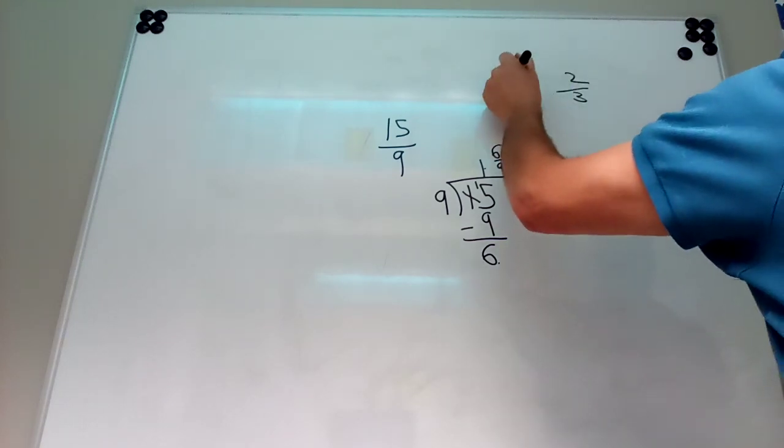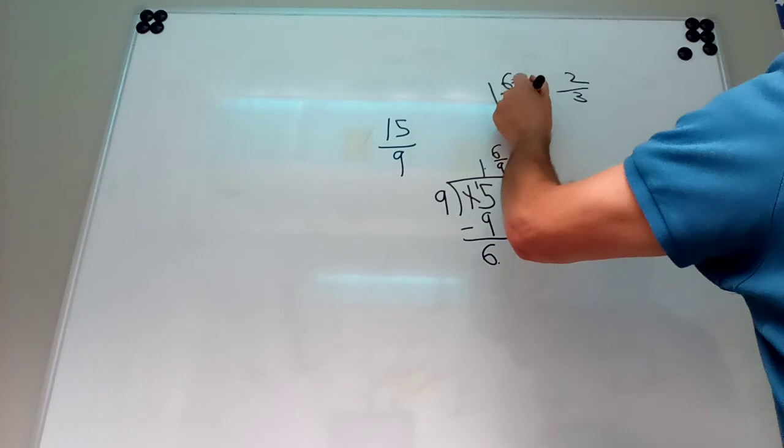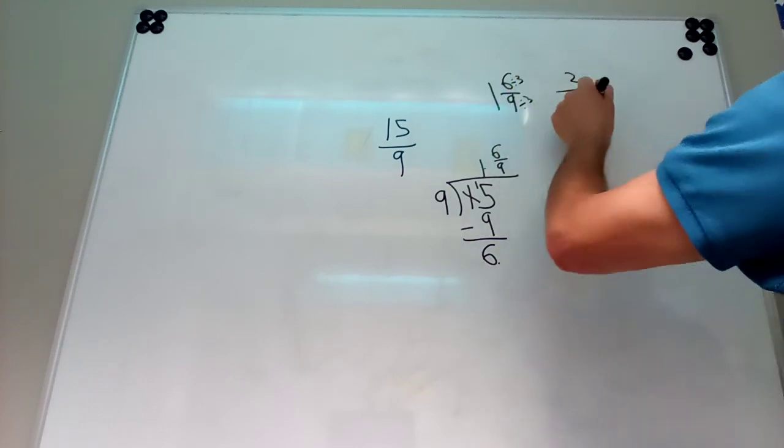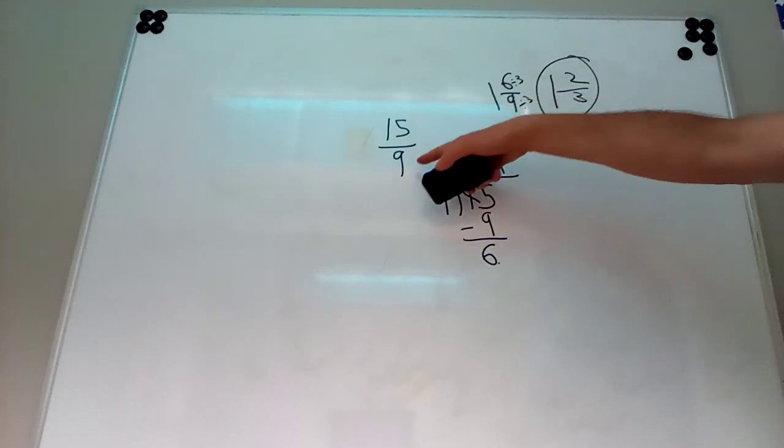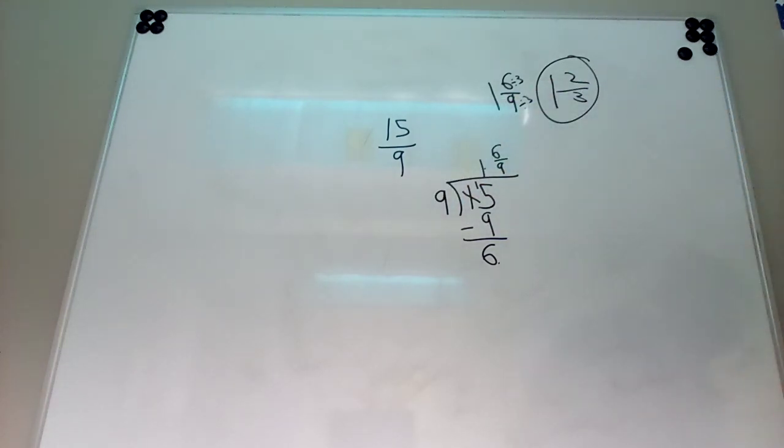So you would divide each of those by 3 to get 2/3, bring your 1 over, and 15 ninths is the same as 1 and 2/3. And that's how you change improper fractions into proper fractions, is just by dividing them that way.